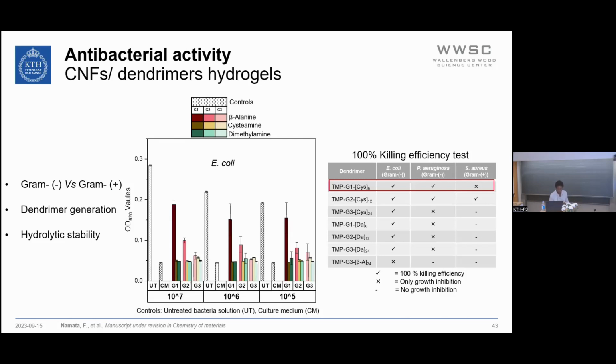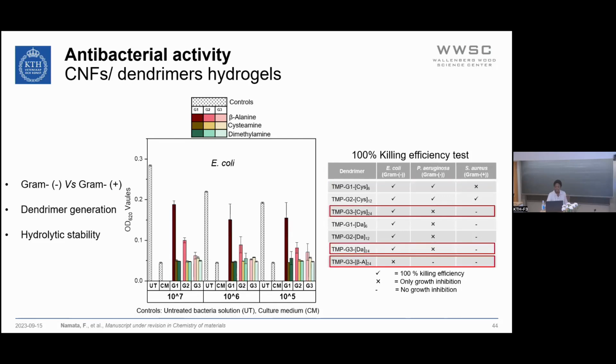All the bacteria was killed with 100% efficiency, in comparison to the gram-positive bacteria, where the growth was inhibited, and the hydrogels with the hydrolytically stable dendrimers had a higher activity.